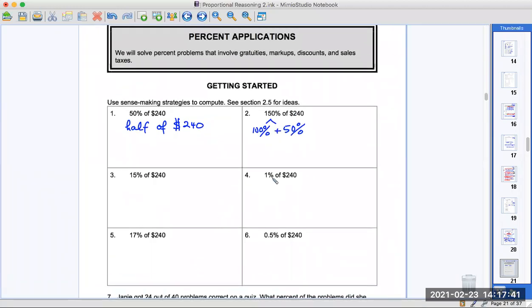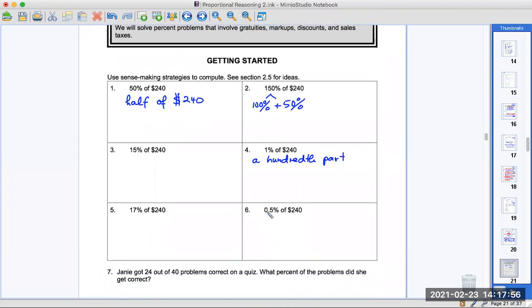1% is the 100th part. So think about that. What's the 100th part of 240? And then 0.5% is half of that.